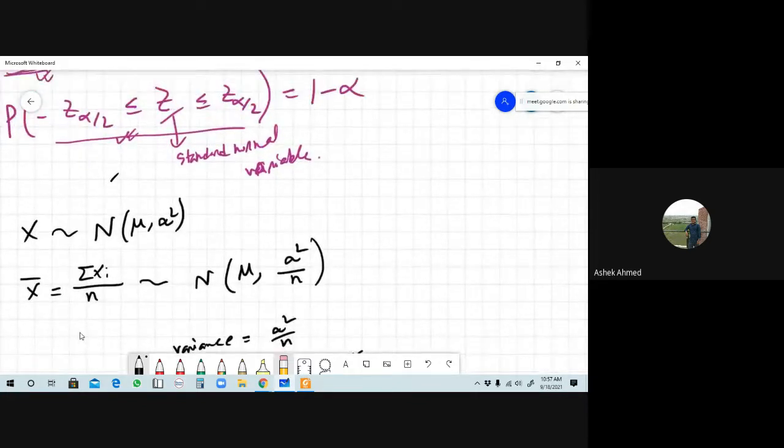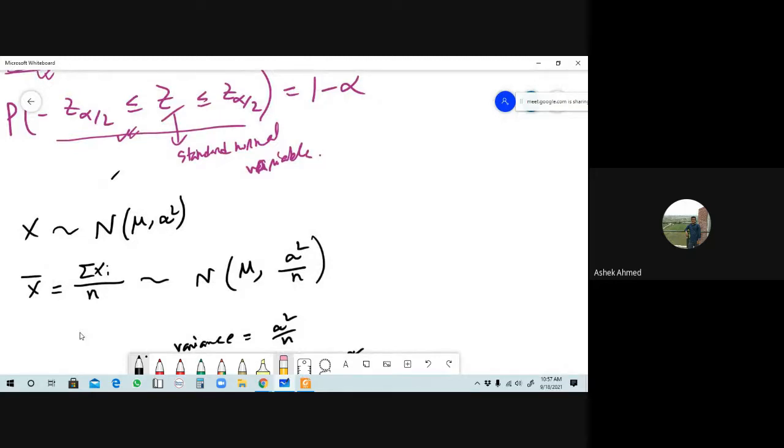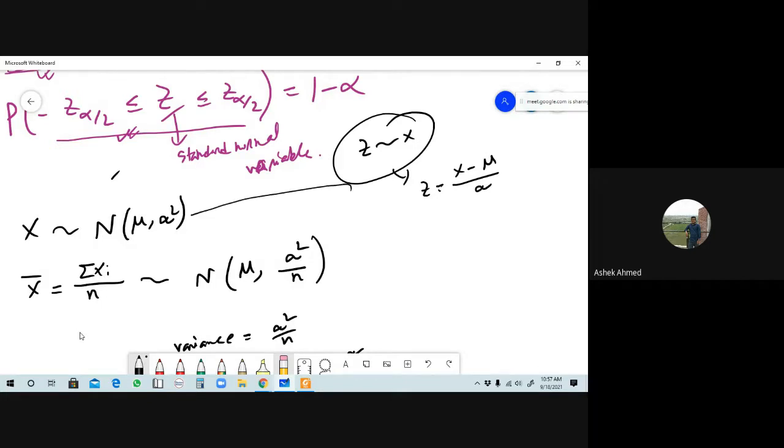Since z is a standard normal variable and x bar is a normal variable, what is the relationship between x and z? Can you remember? Z equals x minus mu divided by sigma. Is it right?